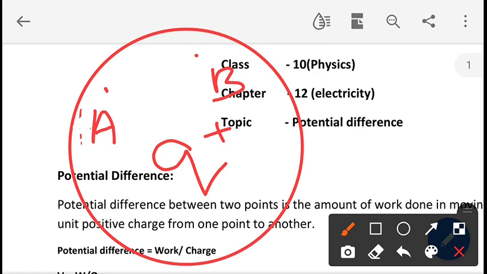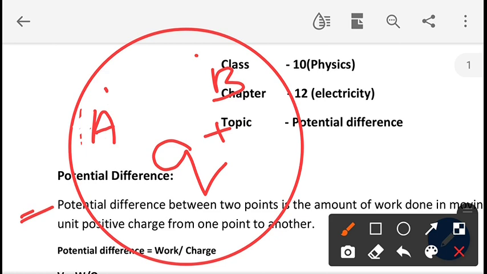Means, as it is written here, you read this line: potential difference between two points is the amount of work done. Means, if a battery pushes the electron from A to B, the battery will have to do some work.